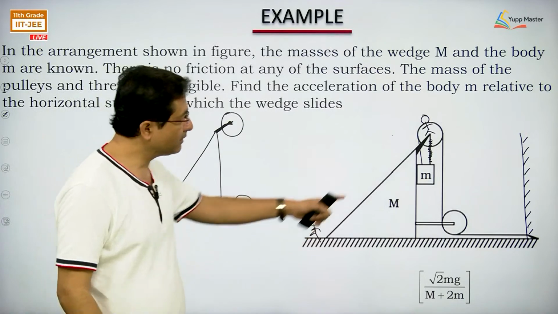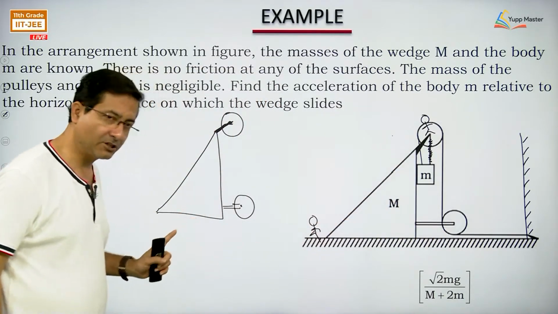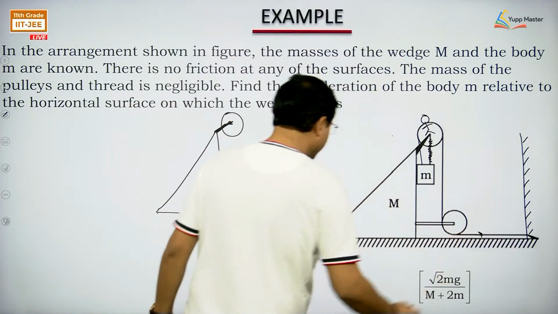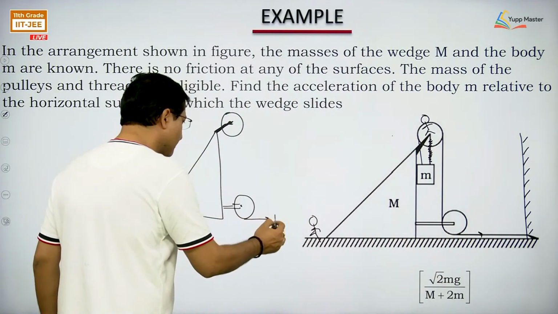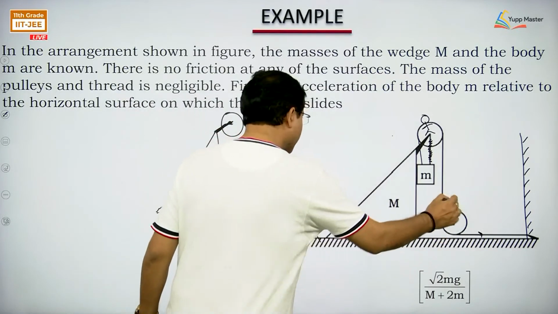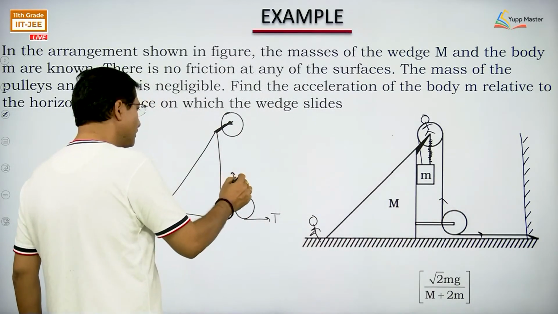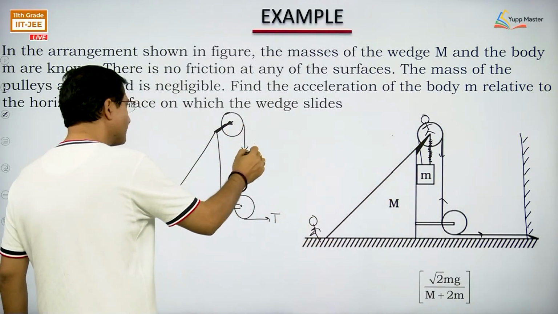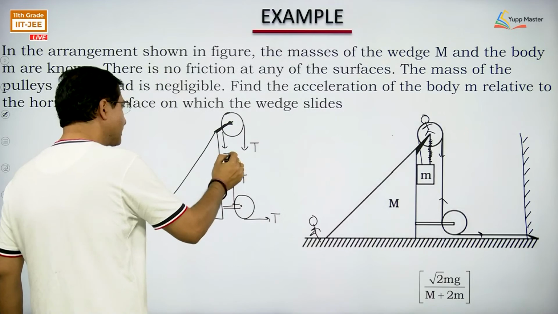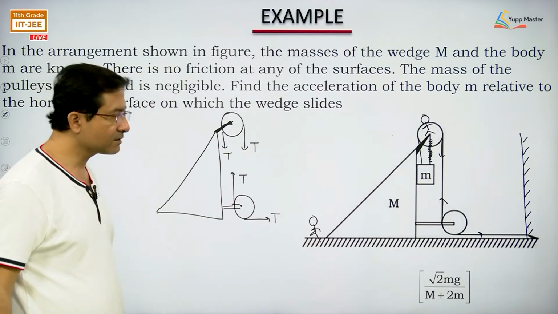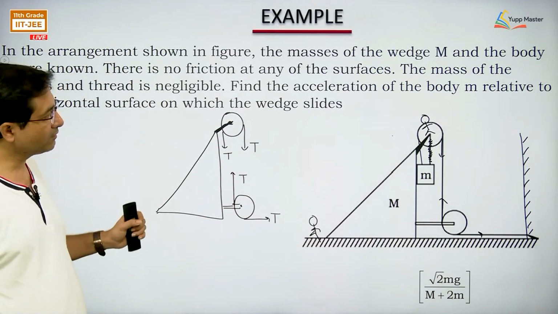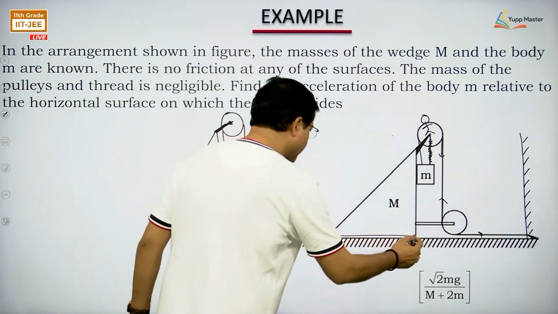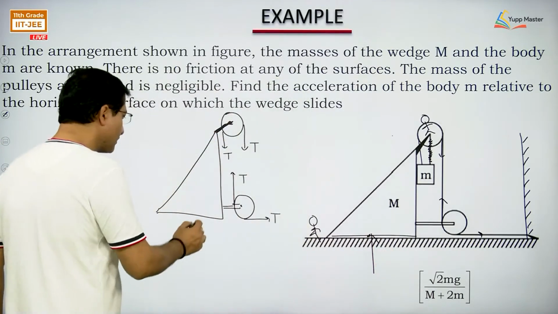So these two pulleys I have taken as part of the wedge. Now this side the string will exert force T, so I will add one force T here. This side of string T, this side in downward direction T, this side in downward direction T. This is the force exerted by the string on the wedge plus pulley system. Then I can see reaction coming from here, R. I will draw R here.